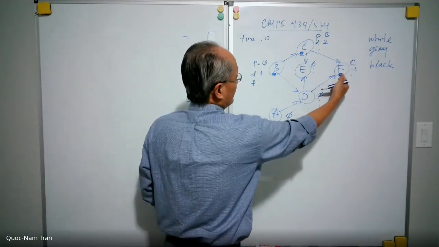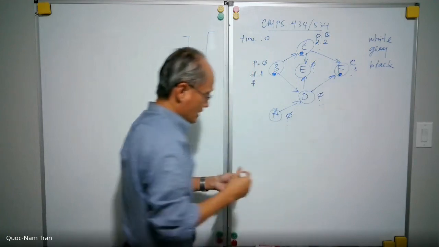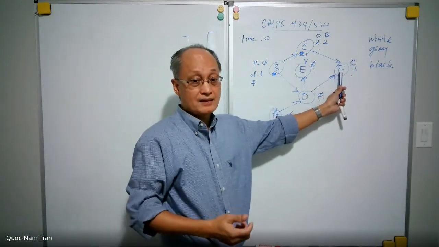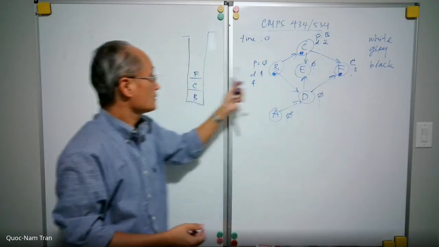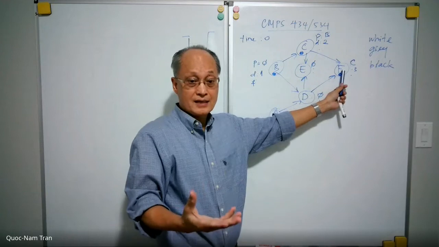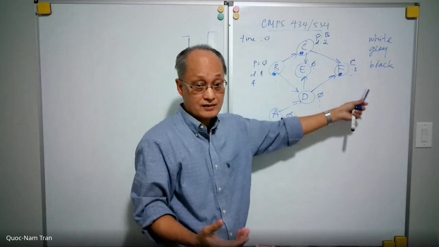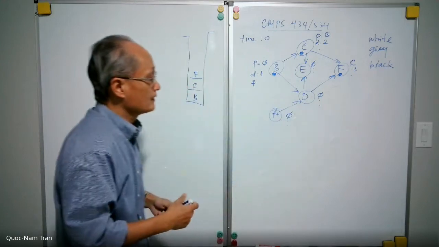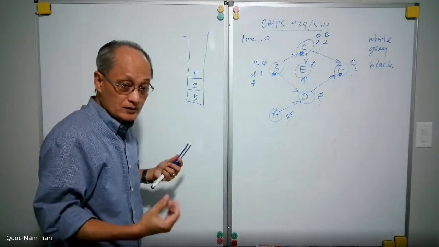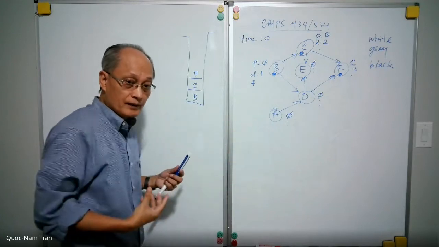So again, we will look for the adjacent nodes of F. F is the node we are working on. It has no adjacent vertex, so there's no outgoing edge. That said, we finish working with the node F. In other words, we discovered the node F and checked its vertices.